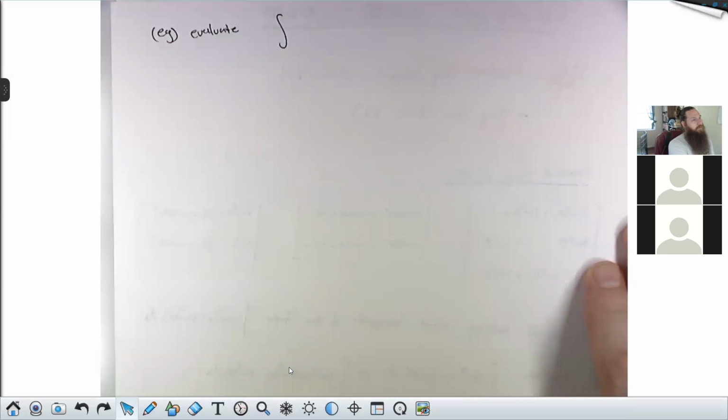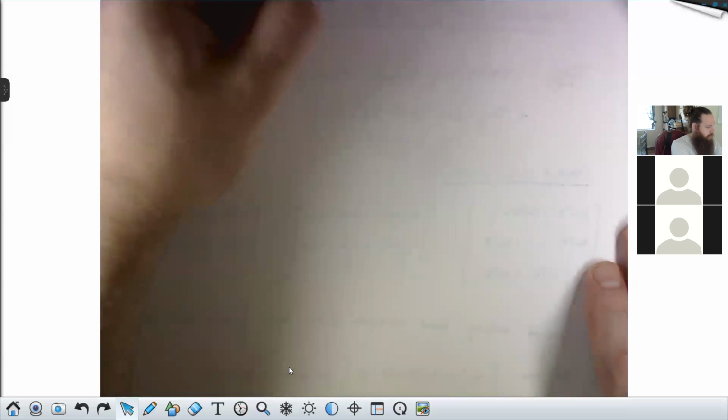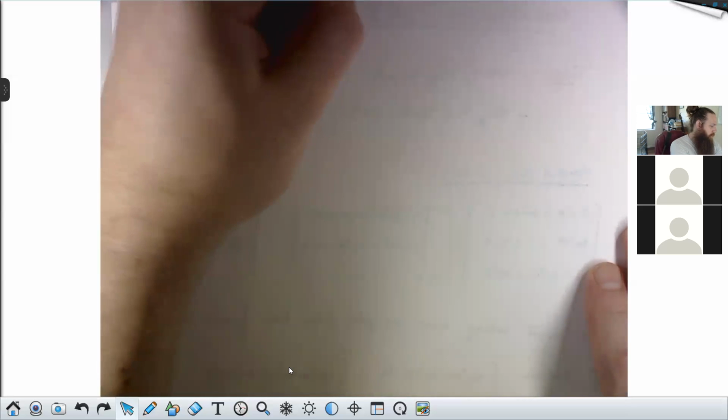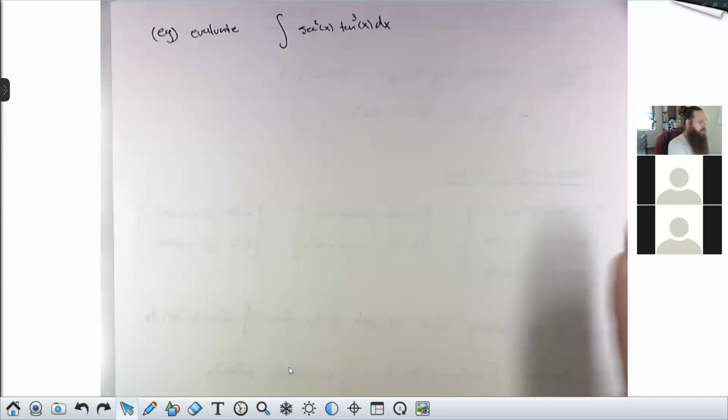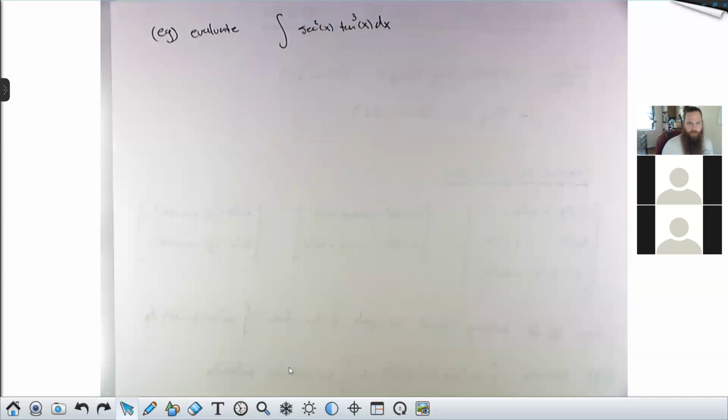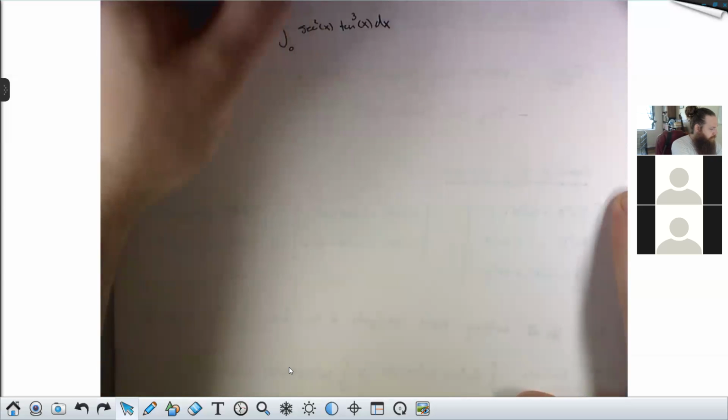Let's do secant squared x times tangent cubed x dx. And you know what? We haven't done a definite integral yet today. Yeah, screw it. Let's do a definite integral. Let's do this from 0 to pi over 6.